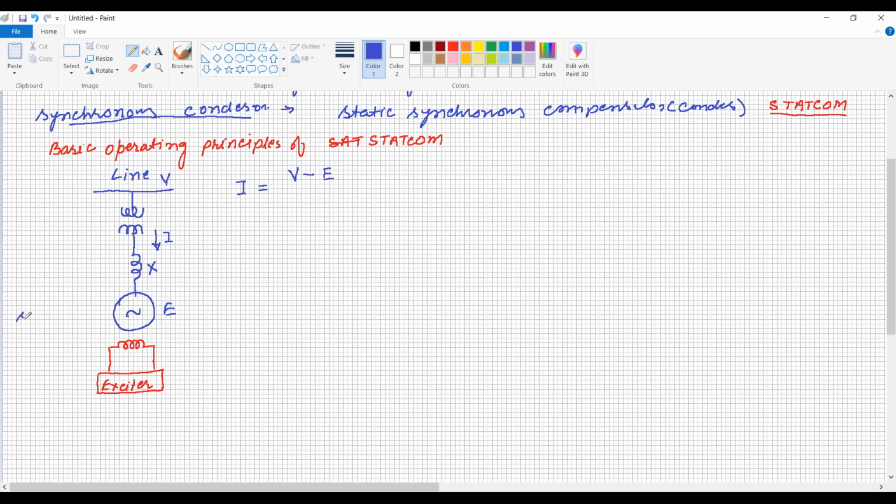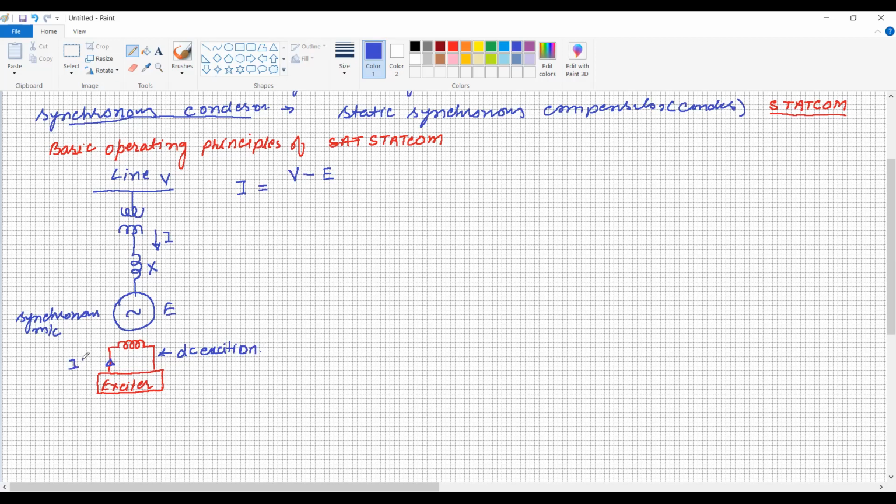Say a synchronous machine or motor is there, and this is the DC excitation, with current IF.